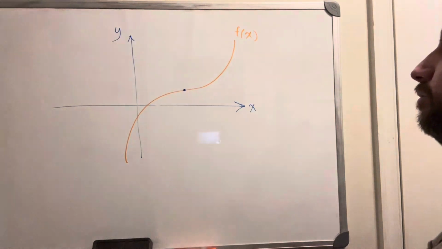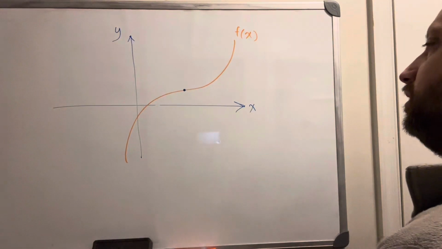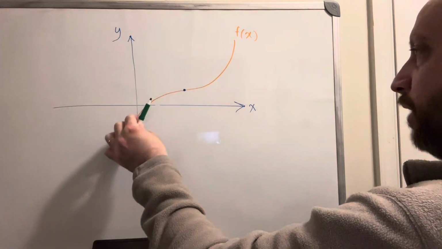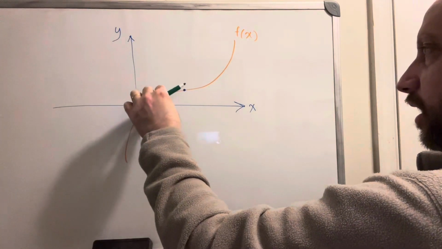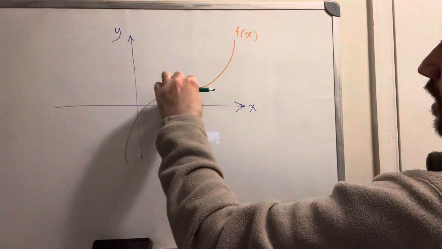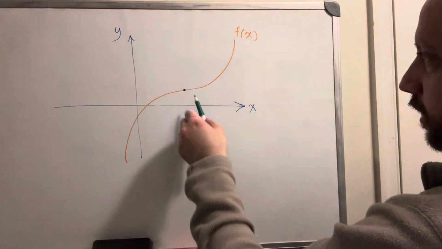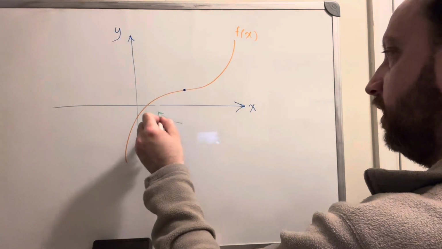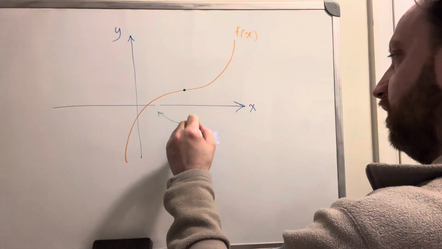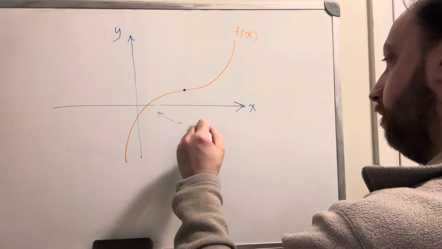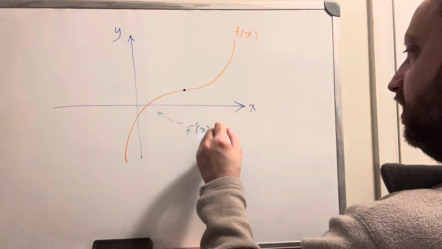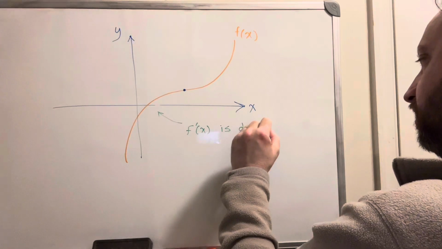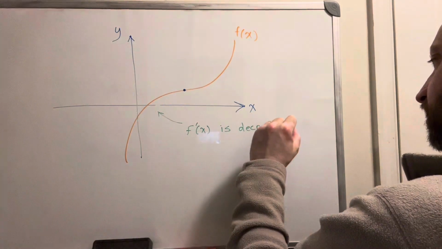So at this point right here, you could say that the rate of change of the function in this area, the derivative function f prime of x, is decreasing.